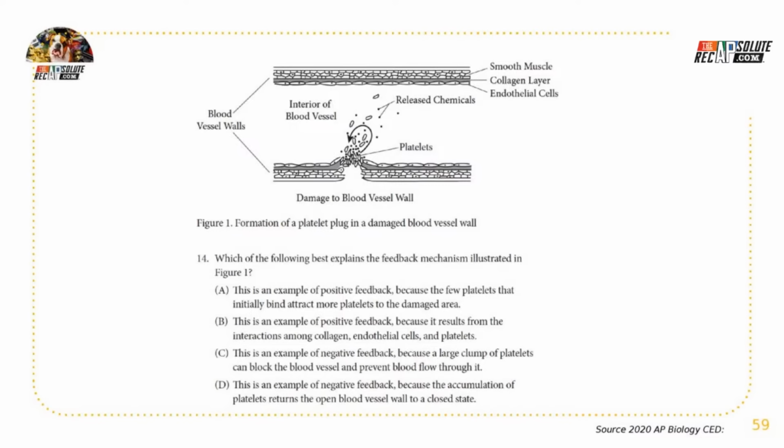Endothelial cells is probably something you didn't study, and you may not know blood vessel structure. But what we do see here is chemicals being released. We see a circle, an arrow curving back around, showing that continuation as we go. So which explains the feedback mechanism illustrated in this figure?